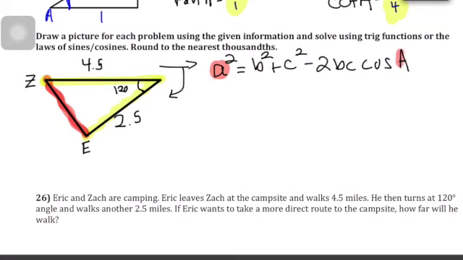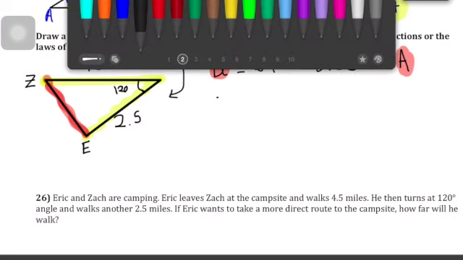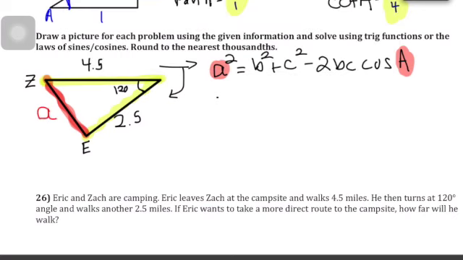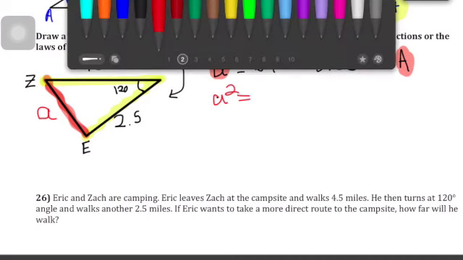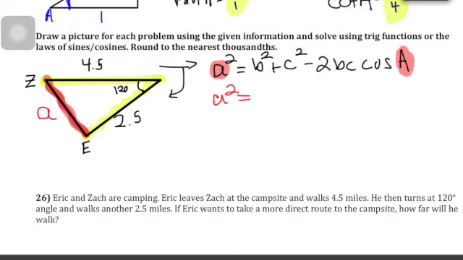So I'm going to plug in the angle that goes with side A. Let's call this A over here. This is A. We have no idea what it is. So A squared is equal to, and let's plug in the other two side lengths. B squared is just one of the other side lengths. Let's call it 4.5.